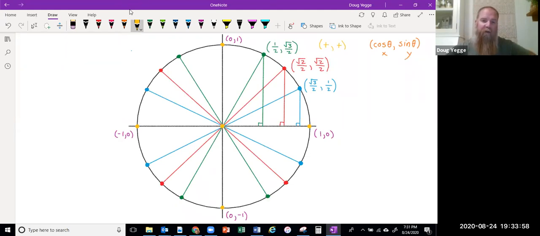But when I move back into the second quadrant, now we've got to realize that I've moved back for the x direction, but still up for the positive direction. So all of our x values are negative, all of our y values are positive. Likewise, back here, we can see that we've moved in the negative direction for x and the negative direction for y, going down into the third quadrant. And lastly, over here, I can see that we have a positive direction for x and a negative direction for y.